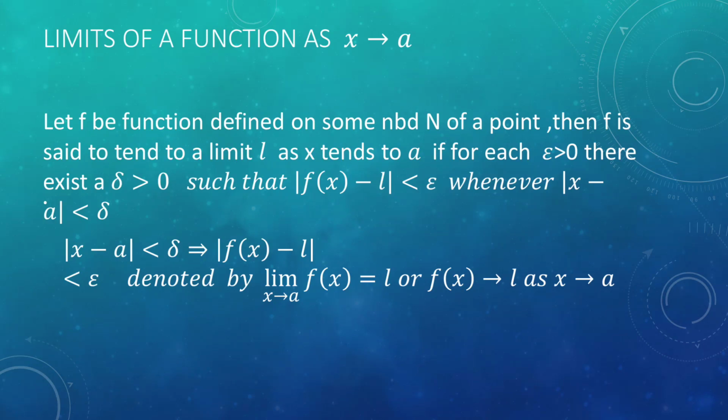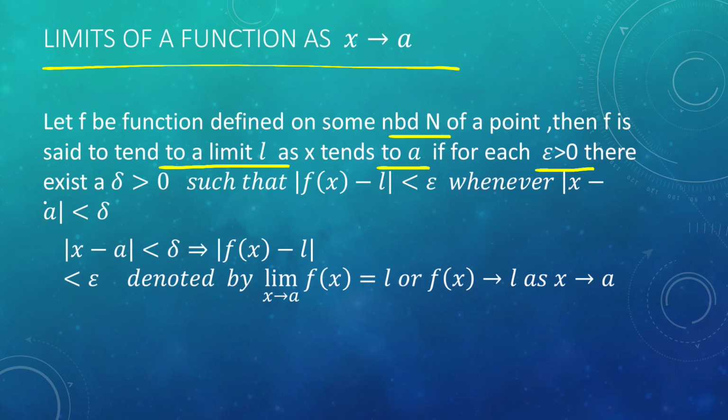So, limits of a function as x tends to a given point A. We let f be a function defined on some neighborhood N of a point A. Then f is said to tend to a limit L as x tends to A if for each given positive epsilon there exists a positive delta such that the absolute value of f of x minus the limit is less than the given epsilon whenever the absolute value of x minus a is less than the given delta.